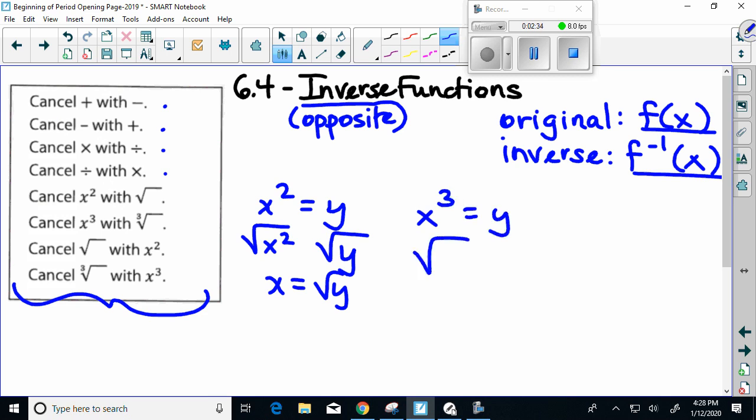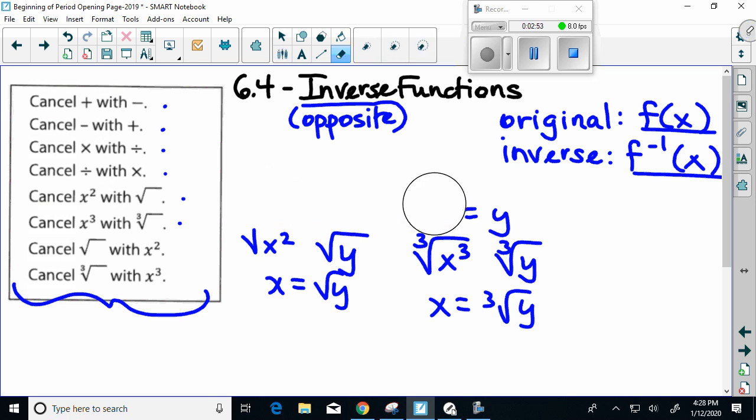It has the radical sign with a 3 outside of it, and that's how you would get rid of a cube. So that's how you would take care of the powers.